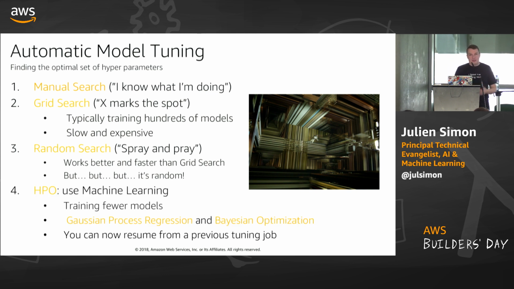Or you actually use HPO, which is really using machine learning to predict the right parameters for the job. So we train a few times, picking random values, look at the accuracy that we get, and then apply optimization on that. It's called Gaussian process regression and Bayesian optimization. Try saying that 10 times.